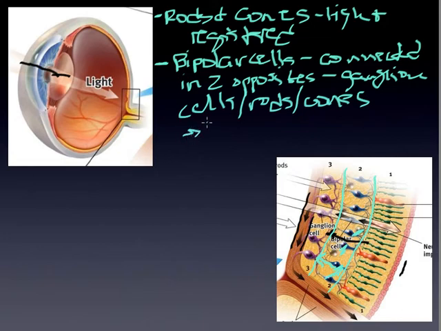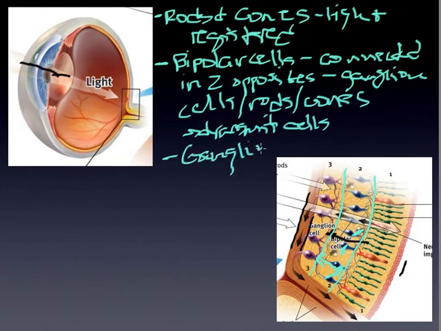It would be another way to kind of look at it, because they transmit the signal from the rods and cones to the ganglion cells themselves. And then, of course, the ganglion cells, which then congregate into what we now refer to as the optic nerve.